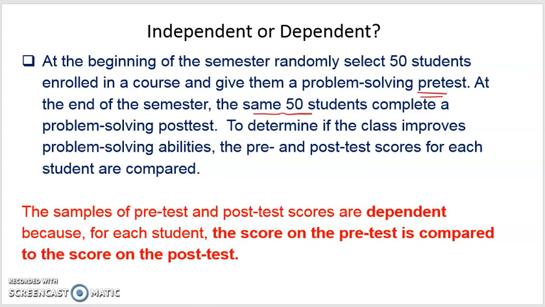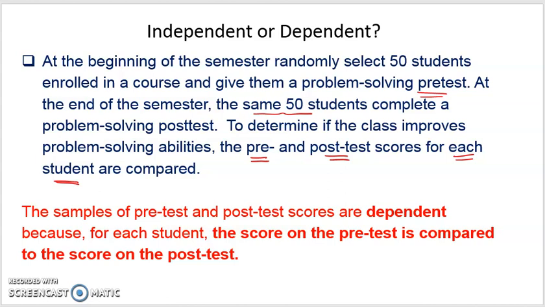To determine if the class improves problem-solving abilities, the pretest and the post-test, and here's the key, for each student are compared. So these samples, the samples of pretest and post-test scores, are dependent because, and the key is that last sentence, for each student, the score on the pretest is compared to the score on the post-test.